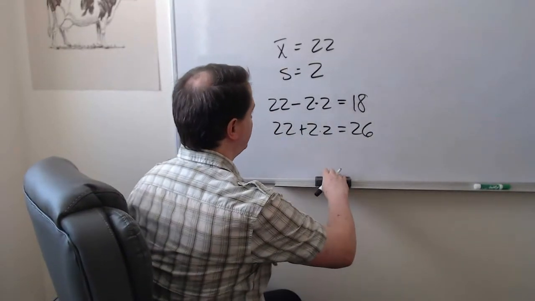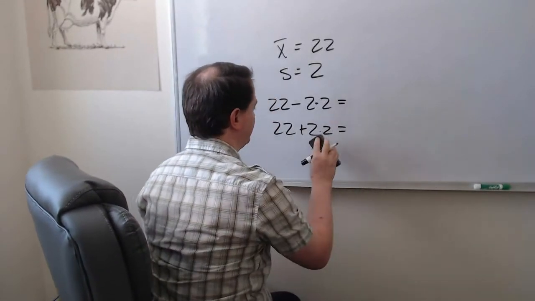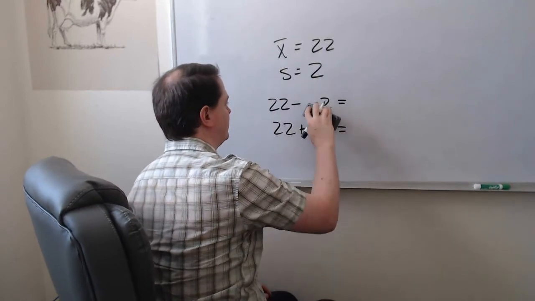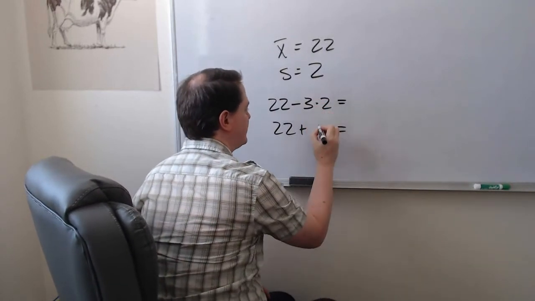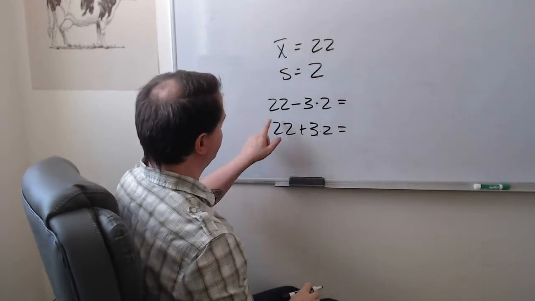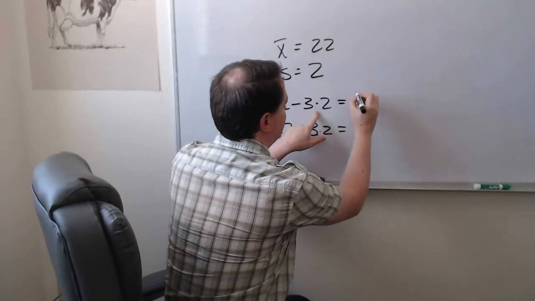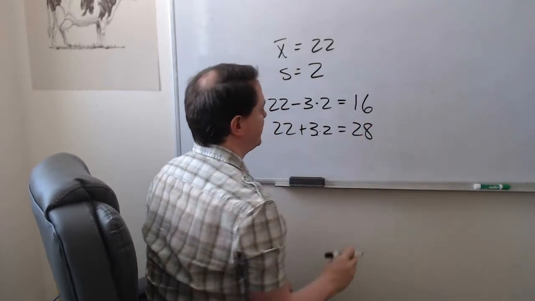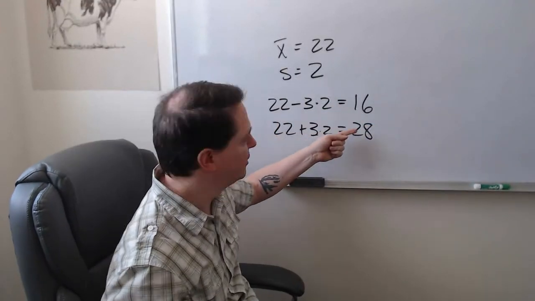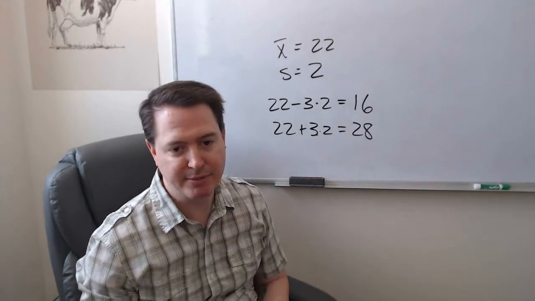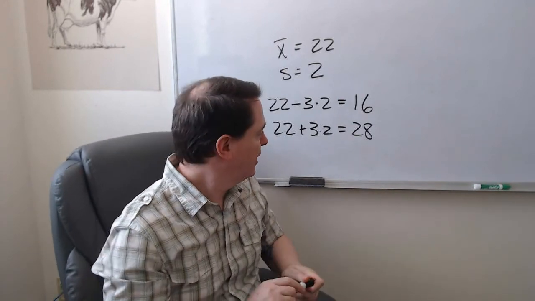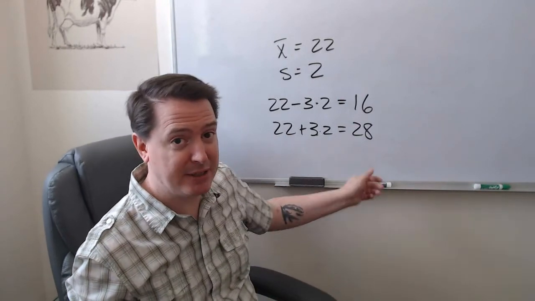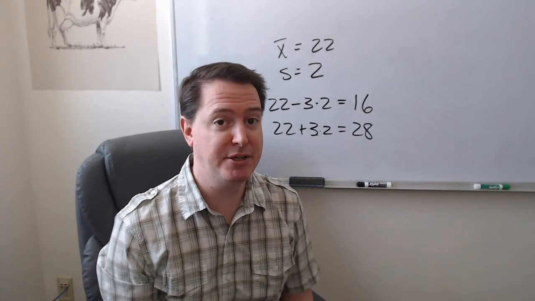And if I change that to be within 3 standard deviations, so I'm looking at 3 standard deviations worth of difference here, 22 minus 6 gets me 16. 22 plus 6 gets me 28. I could say almost all of the data was between 16 and 28. So that's about all I can get directly out of a standard deviation in terms of interpretation.